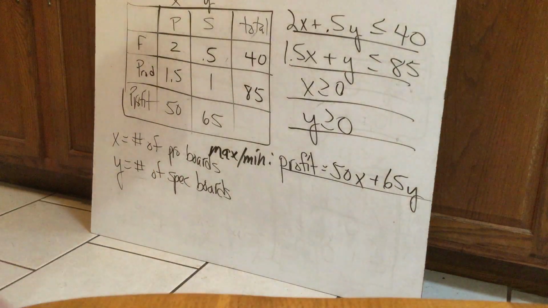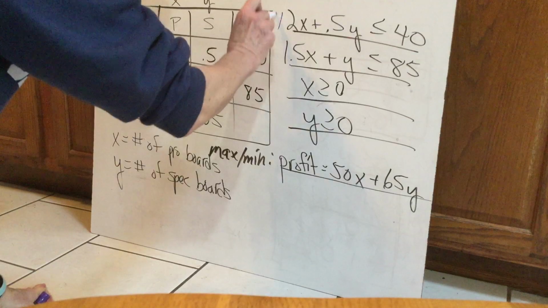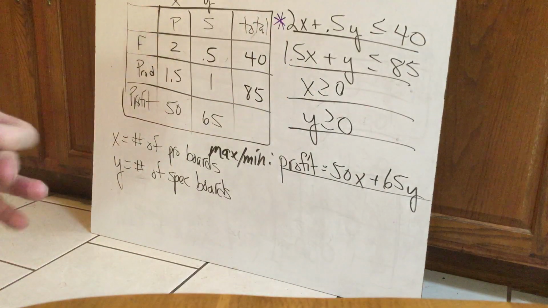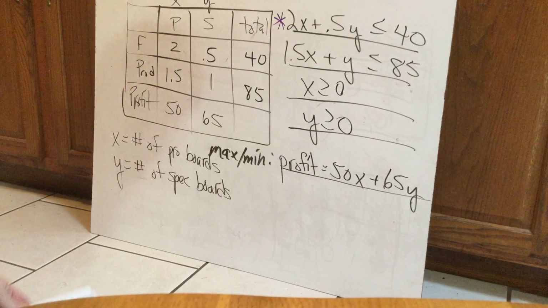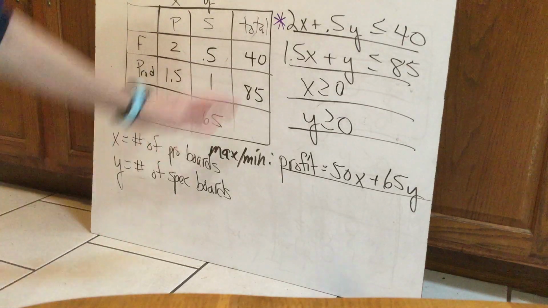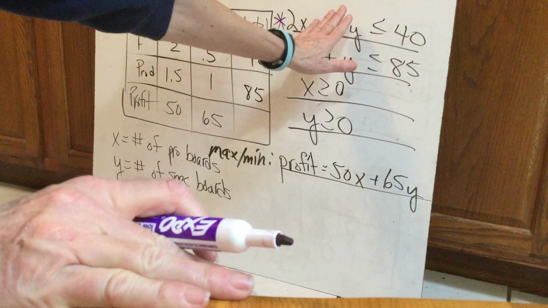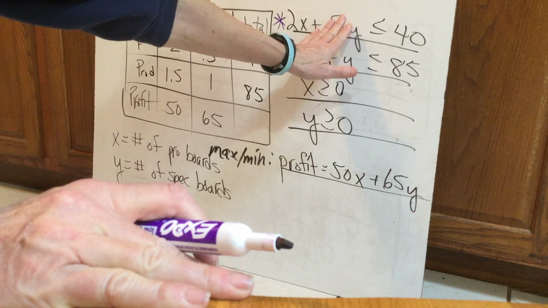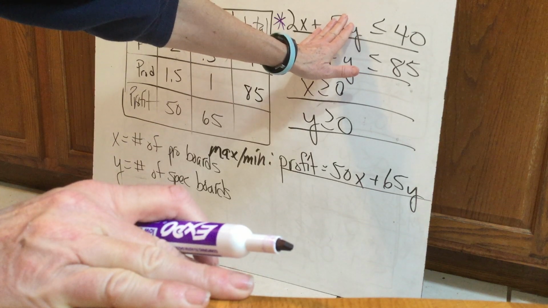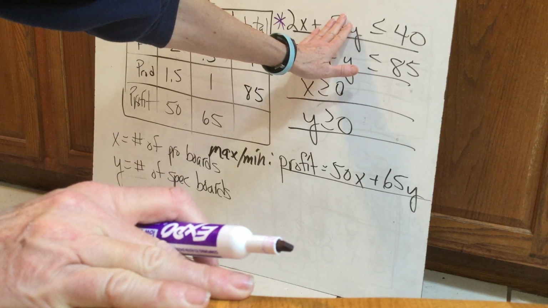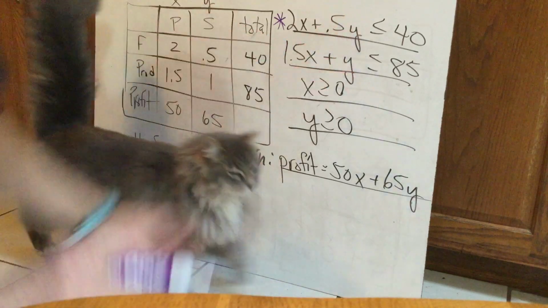So I'm going to do this equation in purple, and I'm going to use a scale of 10. Okay? So when I cover up y, x is 20.